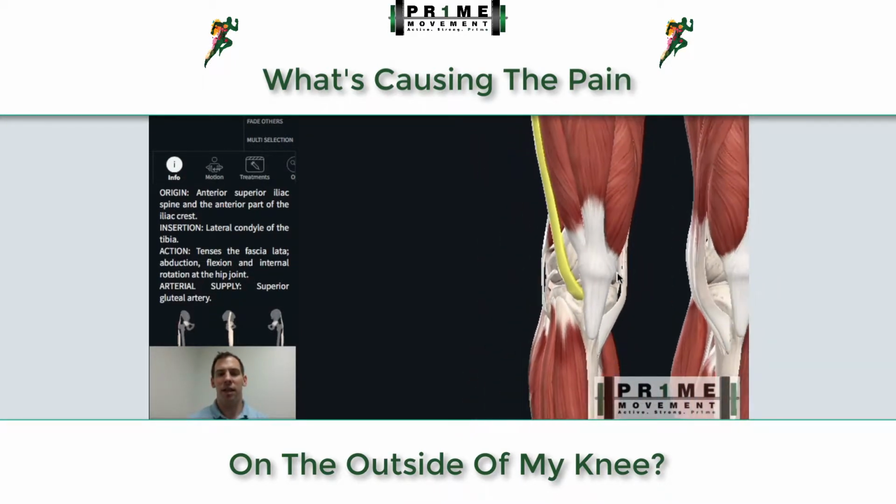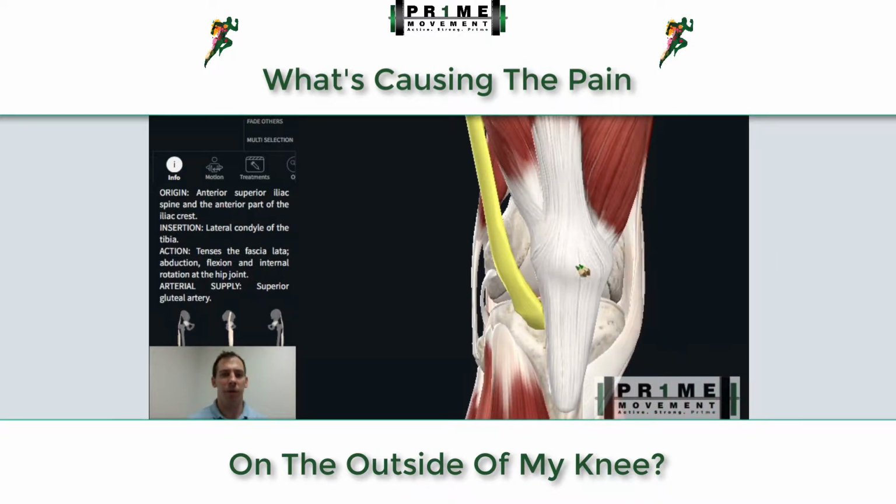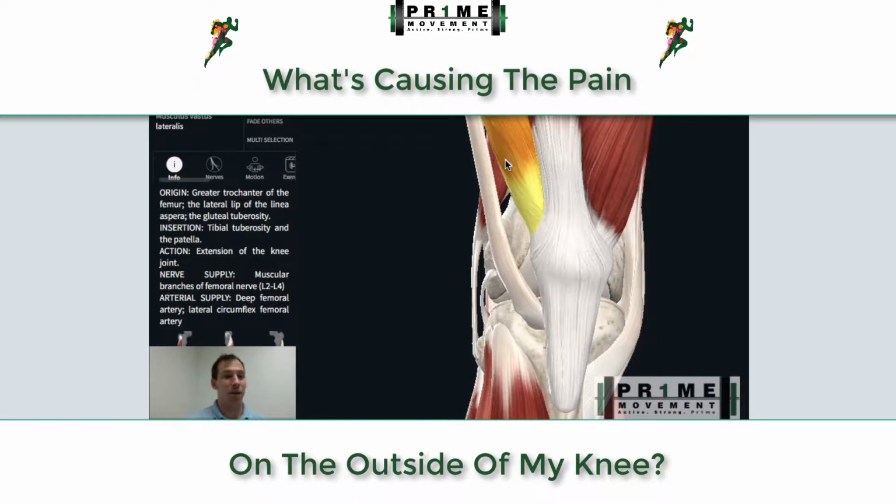The tightness can contribute to an excessive lateral movement of your patella. The patella will move too far laterally, not really with just a tight IT band, but it could be argued that a tight outer quad muscle, your vastus lateralis, could both be contributing to it.